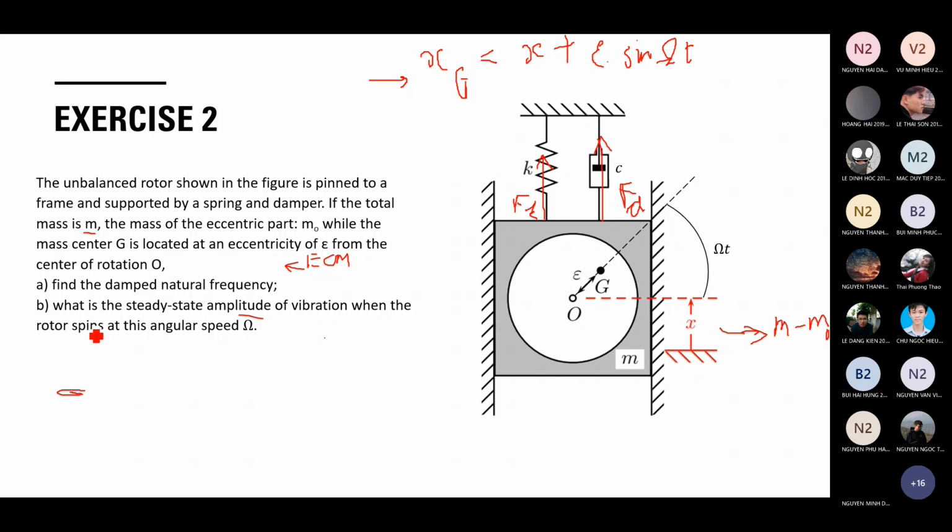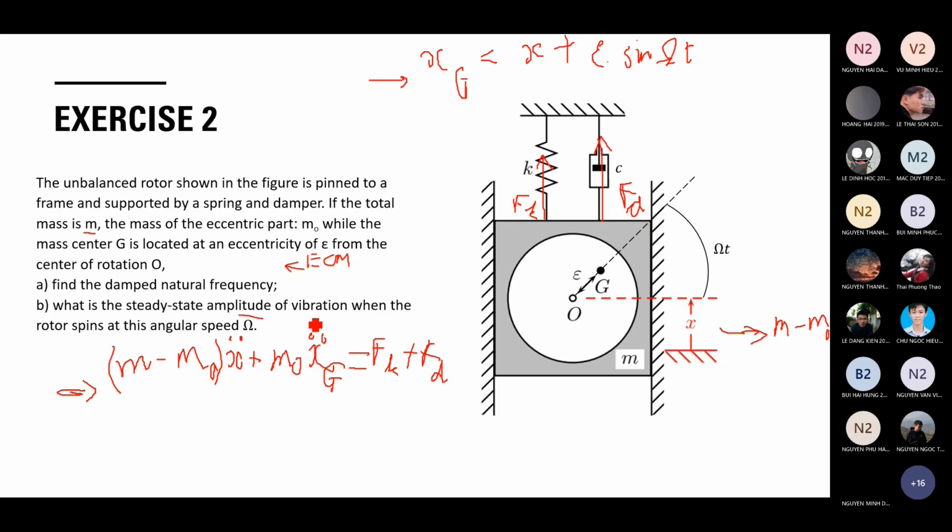So you have the equation: m1, or m minus m0, times x double dot, plus, because they are all in the translation equation, m0 times xg double dot, equals the spring force and the damping force.